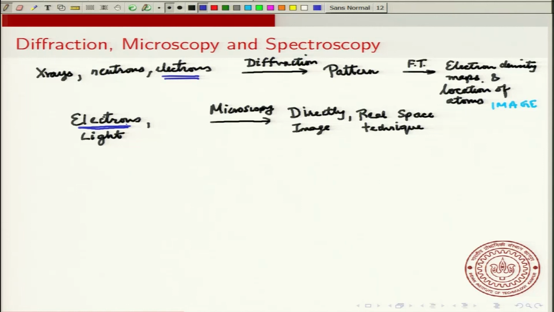The other class of techniques which I will not talk much about is spectroscopy, where we look at wavelength dependent intensity.